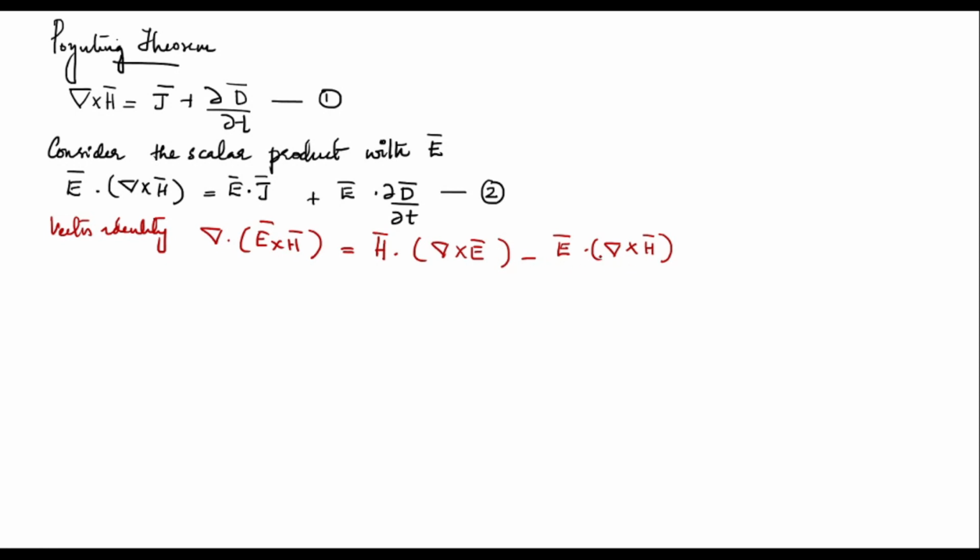So from this I can obtain the relation for E dot del cross H. Here also we have E dot del cross H. So E dot del cross H is equal to H dot del cross E minus del dot E cross H. Let this be equation number 3.